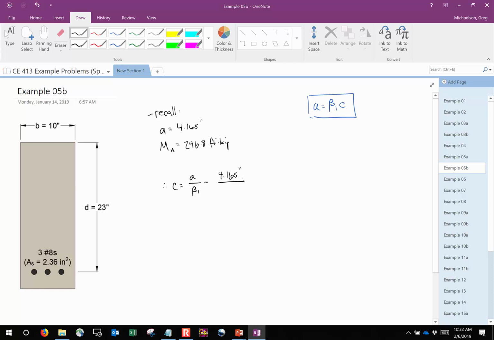Now, what is beta 1 going to be for this problem? What was the fc prime? Anybody remember? 4,000 psi. So if fc prime is 4,000, what's beta 1? It's 0.85. Okay. Don't confuse that with the depth of the stress block, though. That's just coincidence. And so, what does this come out to be?